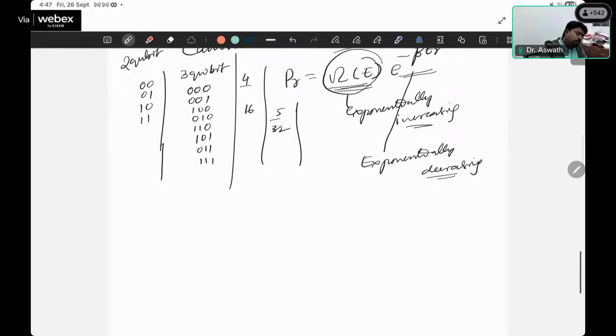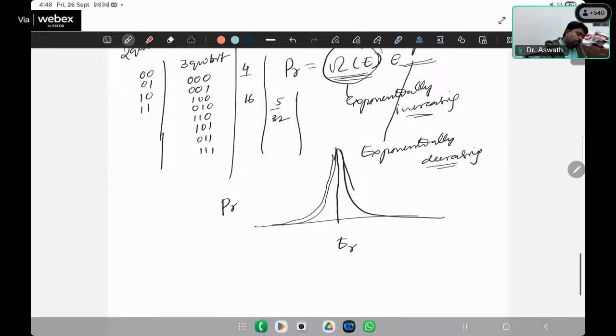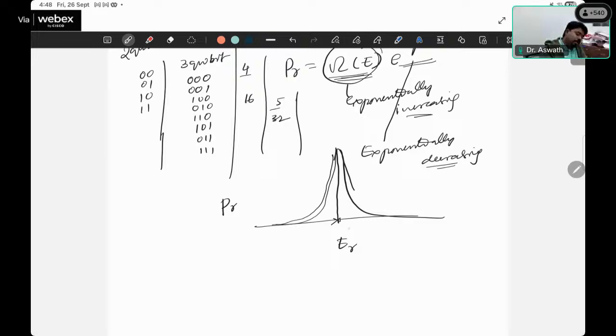And what I see from here, PR is going to be, if I plot energy versus PR, it is going to be just a peak. Because increasing function is there, decreasing function is there, they are going to meet at some point, and there will be a result E is equal to ER case, it is going to peak. So that is what we have.